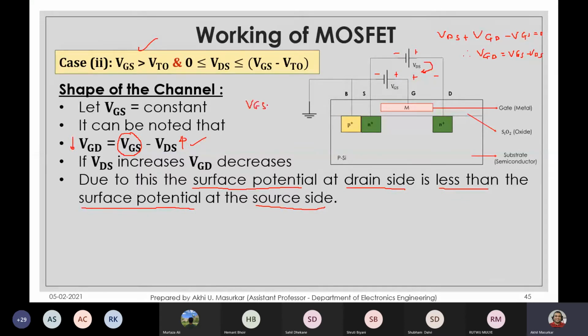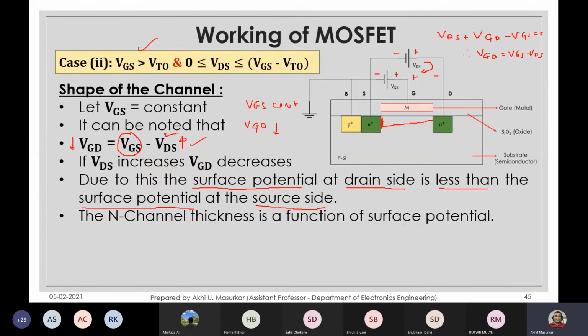So VGS is controlling the surface potential on the source side and VGD is controlling the surface potential on the drain side. But because we are increasing VDS, my VGD will come down, but this will remain constant. So that is why the thickness here remains fixed, but the channel thickness on the drain side becomes a function of VDS, and this is the reason why the N channel thickness is a function of surface potential.